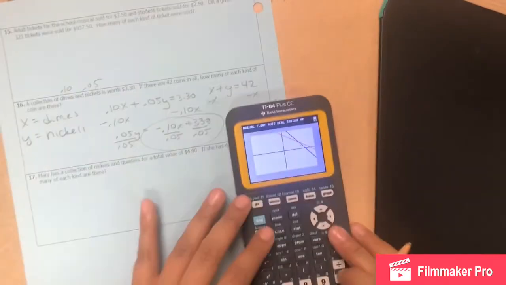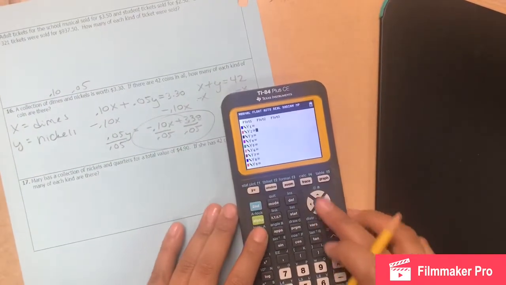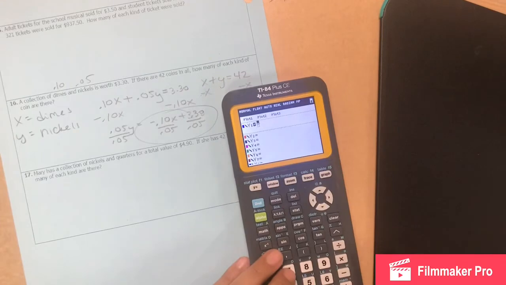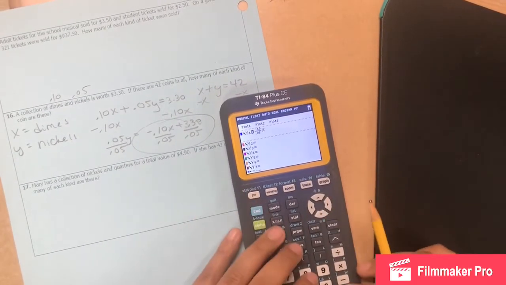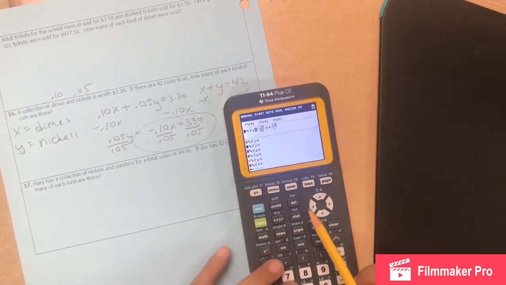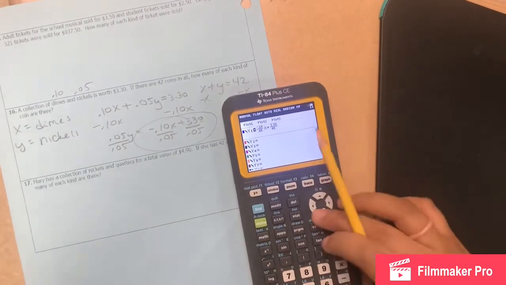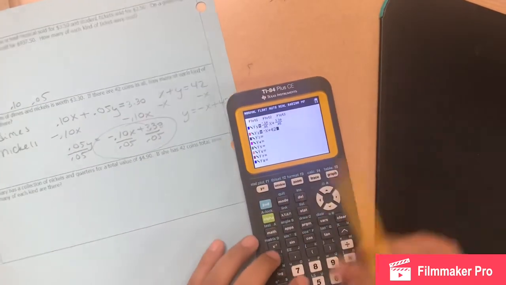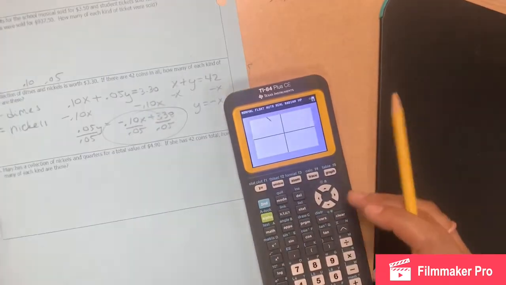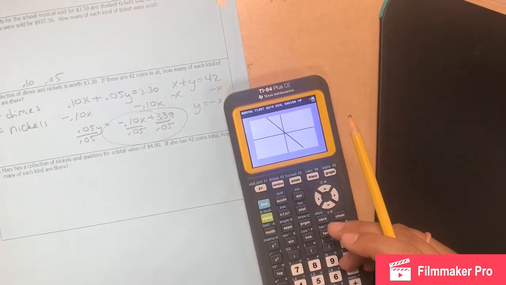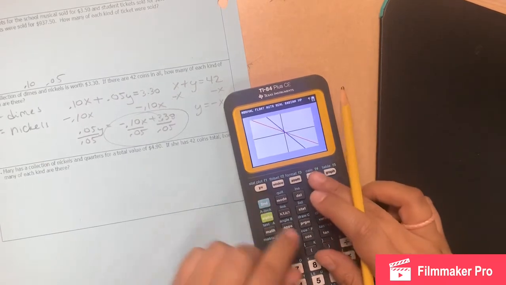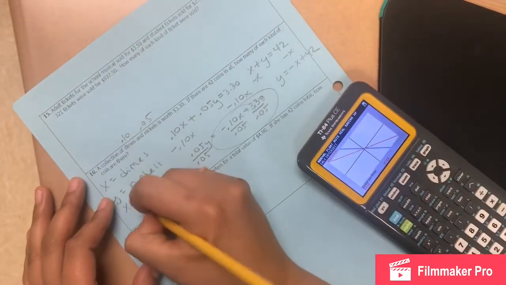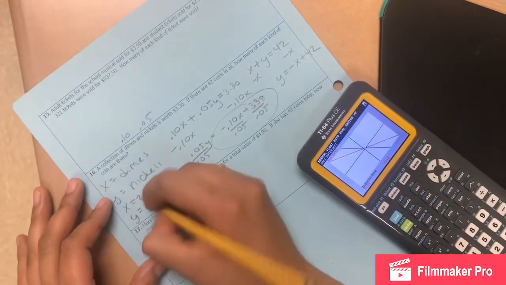I'm going to type both in, so I have negative 0.10 over 0.05x plus 3.30 over 0.05 and negative x plus 42. Let it load. Second trace 5, enter, enter, enter. And we have 24 dimes and 18 nickels.